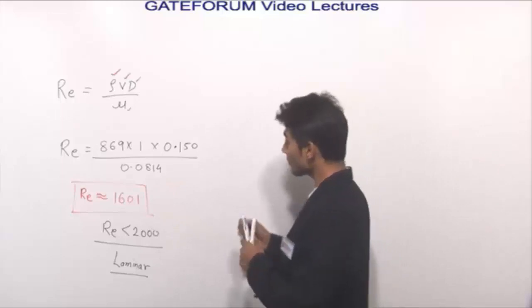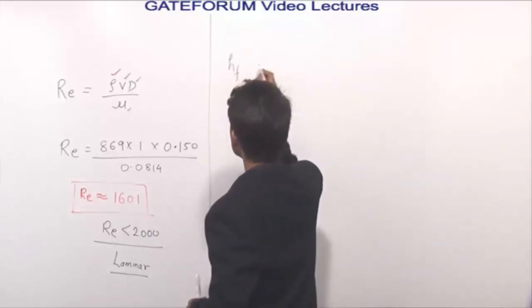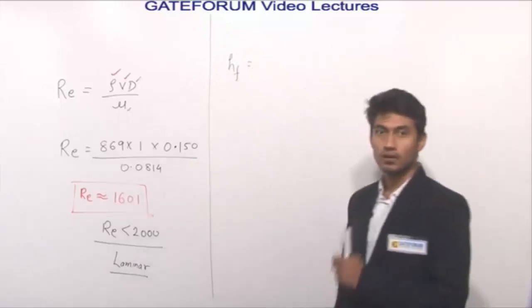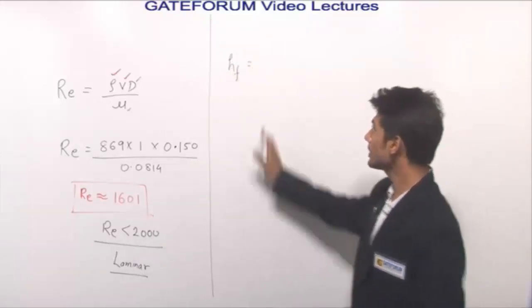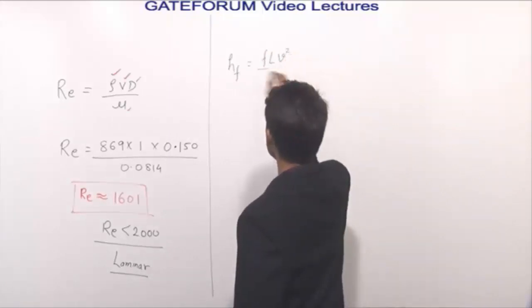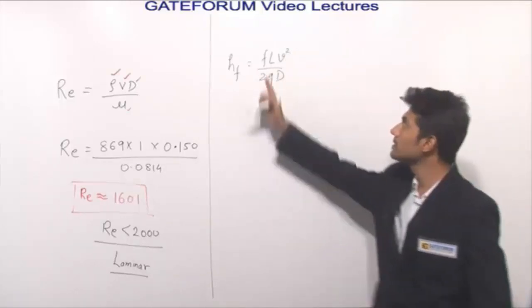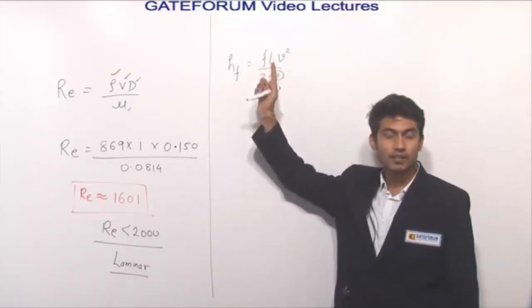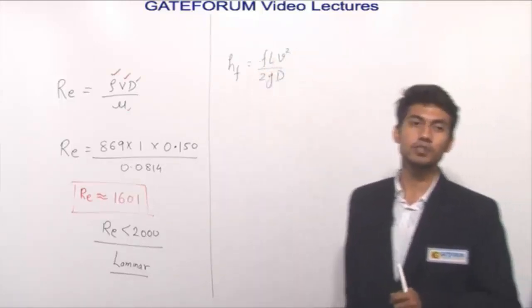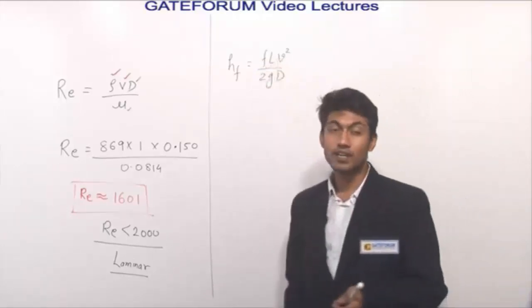Now for laminar flow, friction loss or head loss due to friction can be calculated by FLV square upon 2GD. But this needs the friction factor, and friction factor is not given in the question. In this whole question there is not a single word defining friction factor.